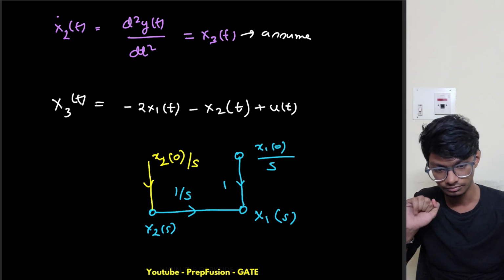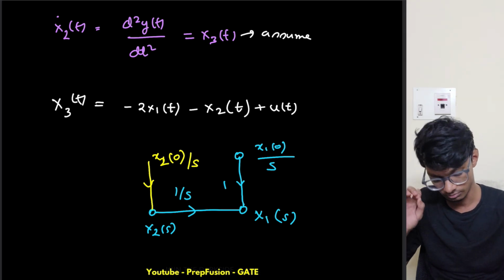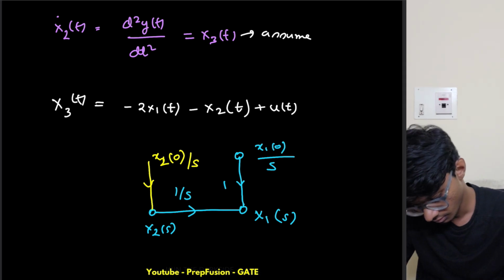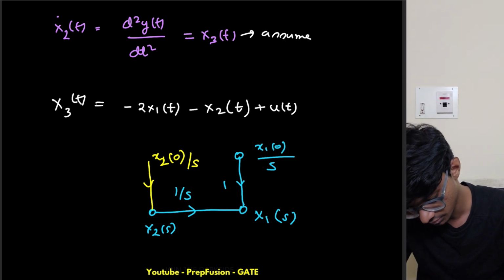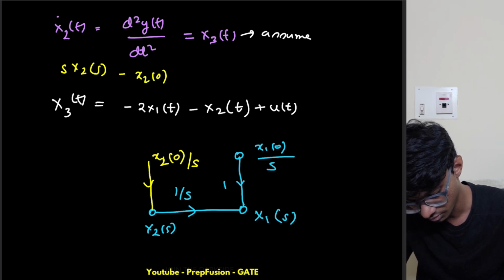Now what more things are getting added? If you are not able to understand this, I can solve it for you. Here, write this one. I can write s times x2 of s minus x2 of 0 equals x3 of s.